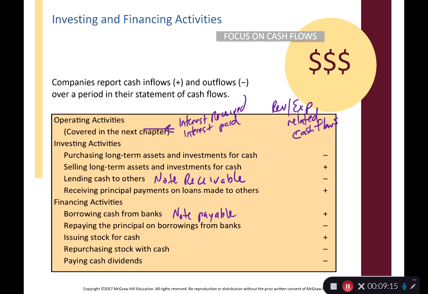So dividends are not required, therefore they're not an expense. Who do we pay dividends to? The equity holders, so that's why it goes under the financing section, because financing deals with debt and equity transactions. Investing deals with long-term assets. And again, operating is revenue or expense related cash flows.